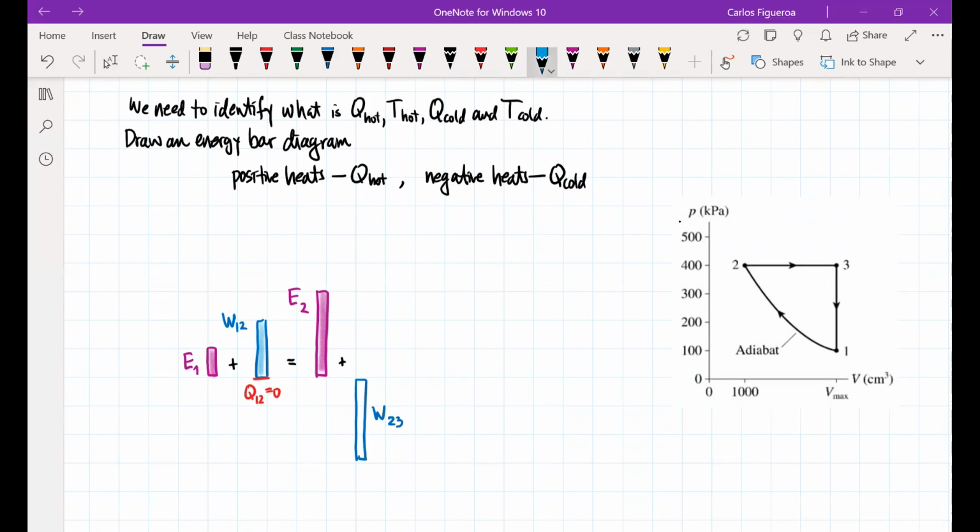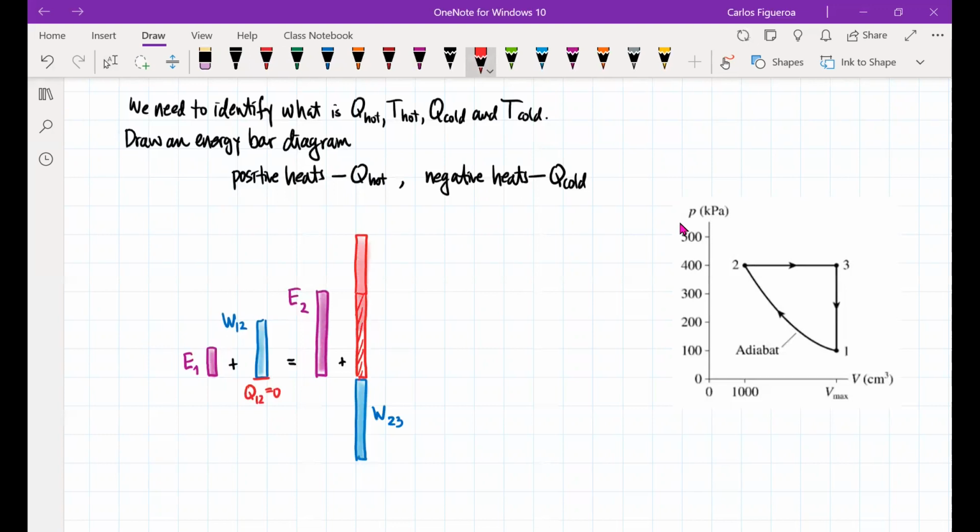Now note, it has to be negative because it's an expansion, but I know that the highest internal energy has to be at 3. So then if I look at this, what does the internal energy have to do? I have to add this amount of heat just to knock off the work. And then let's say that this heat takes this even higher.